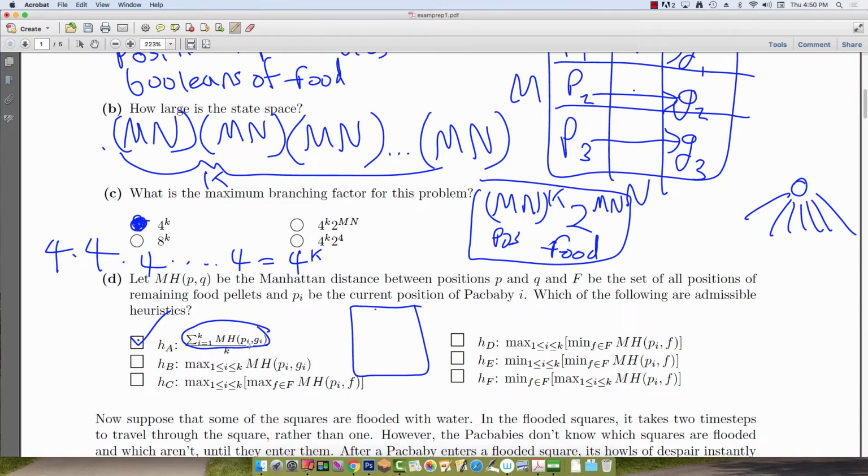Okay, now let's talk about H sub B. H sub B represents, we're going to take a max over all the Pac-Man, and we're going to look at the Manhattan distance between each Pac-Man and its dad.